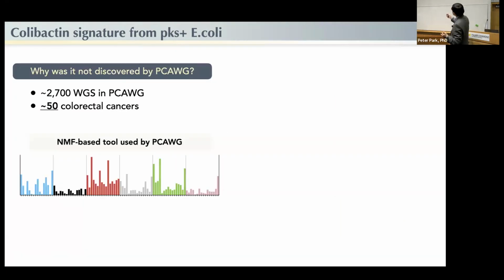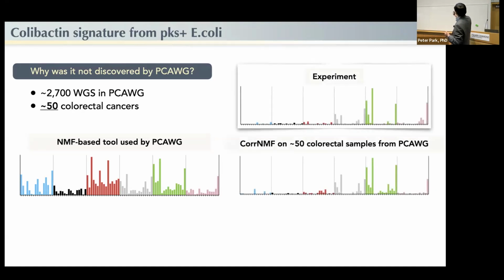So before, there was a big consortium that I was part of that had a bunch of papers derived from our analysis of 2,700 genomes. Unfortunately, it only had 50 colorectal cancers. So then we could not come up with a signature. Well, it turns out that using another method that we have developed, even with 50 colorectal cancers, we think we can find a signature that looks very much like that, okay?